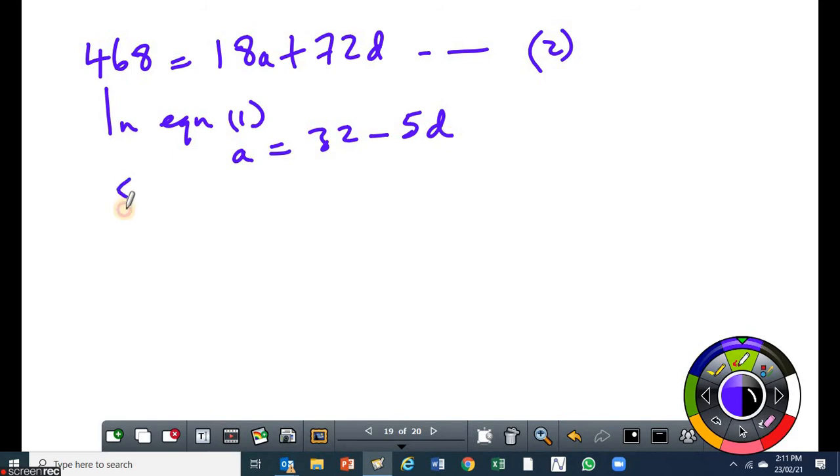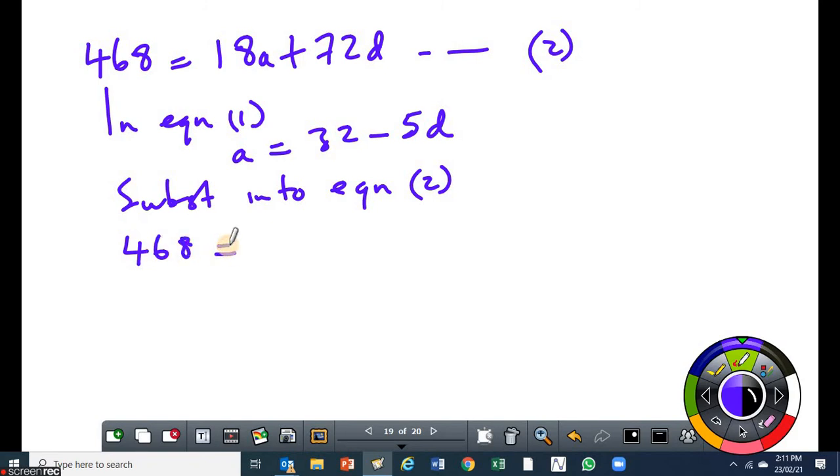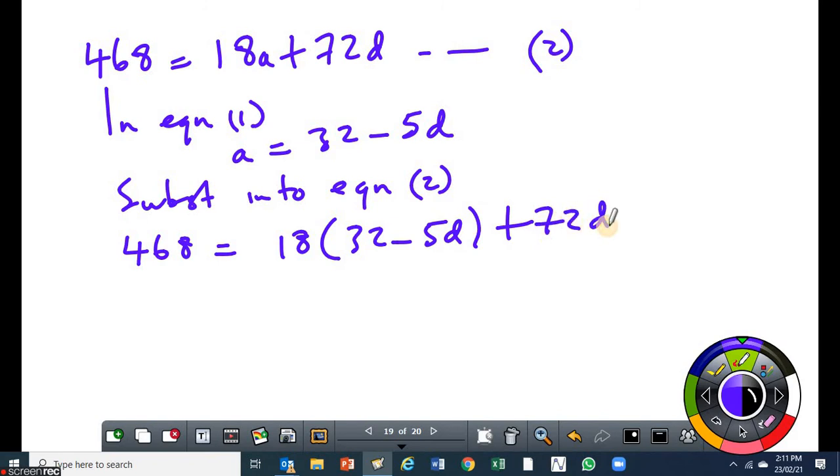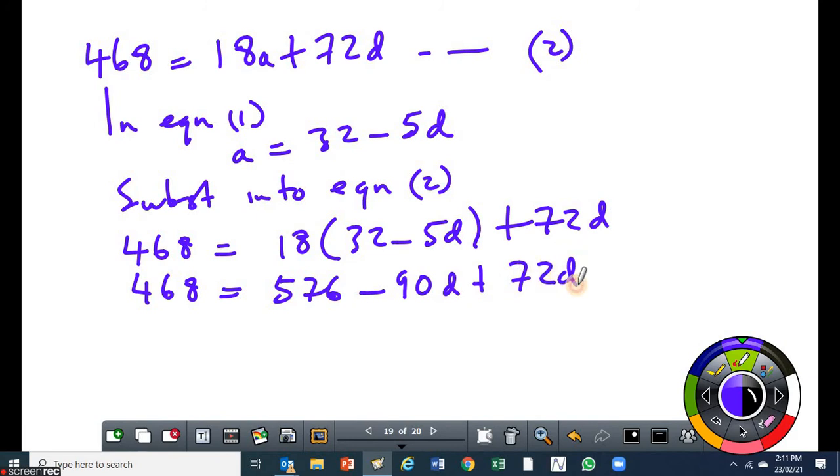Then substituting into equation 2, we will get 468 is equal to 18 times 32 minus 5d plus 72d. So this gives me 468 equal to, what is 18 times 32? 576 minus 90d plus 72d.